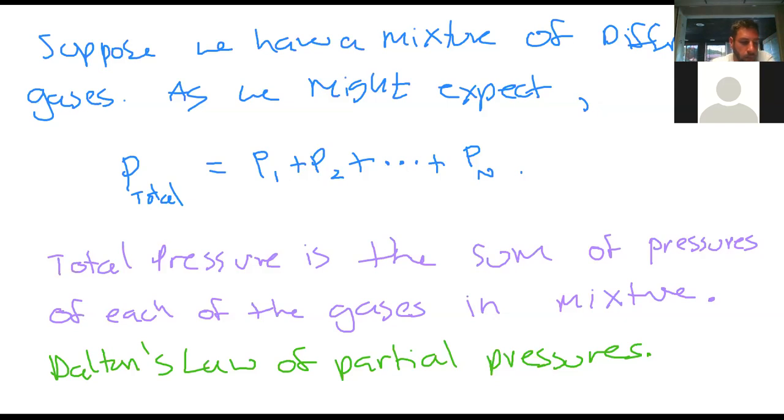So what happens? Well, one way is to think of each one of these partial pressures in the following way. So what's the best way to motivate this?